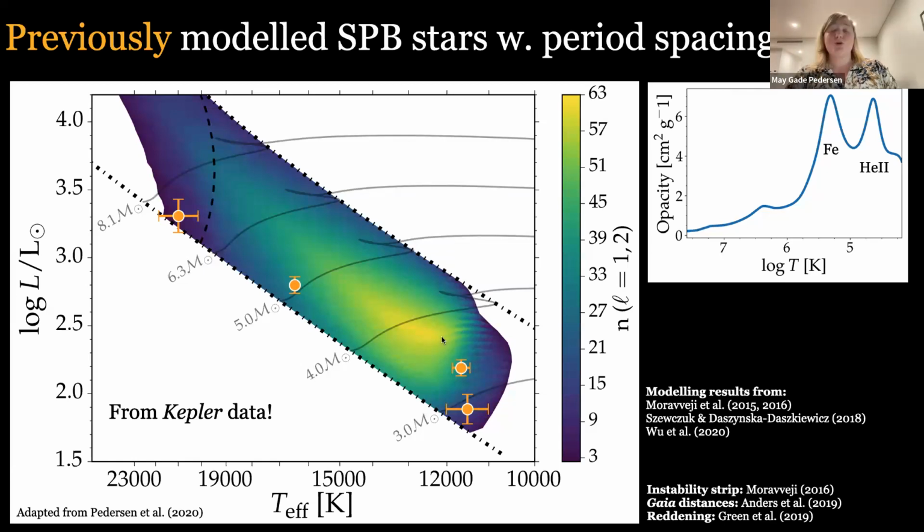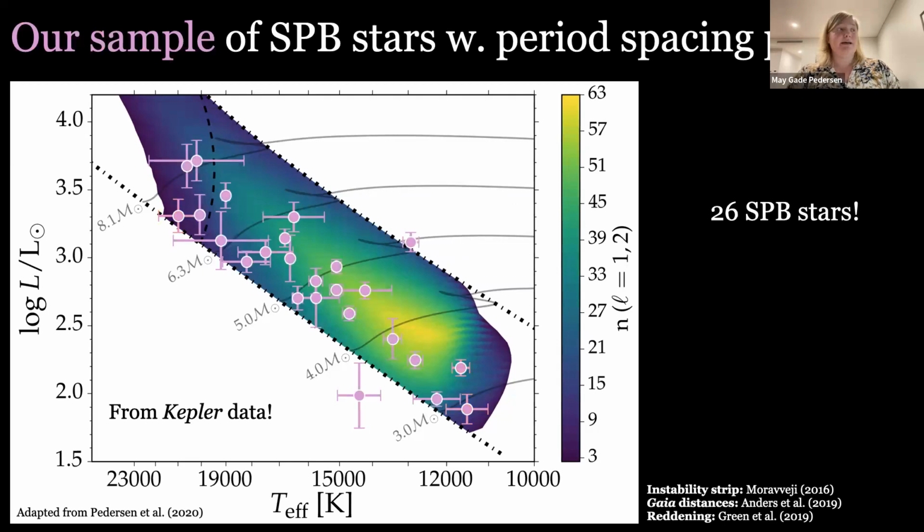The more yellow region corresponds to the higher number of excited pulsations we expect to see compared to the darker blue regions. So initially, prior to the studies and research I did, there were about 4 such stars that had been modeled using Kepler data. And what we ended up doing was increasing the sample to 26 SPB stars that we modeled simultaneously.